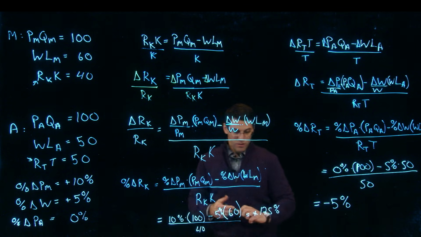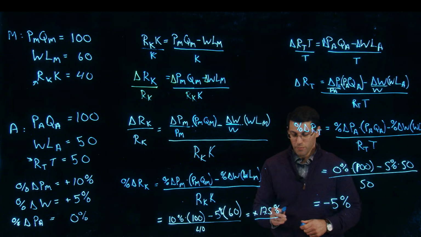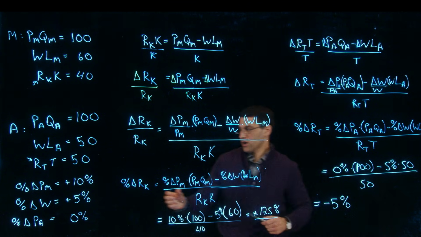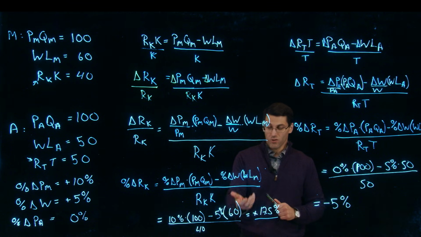The rental rate for capital went up by 17.5%. That's even larger than the increase in the price of manufactured goods, so that went up in real terms as well as in nominal terms.